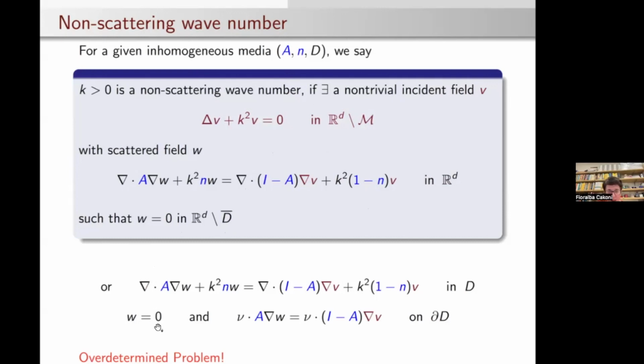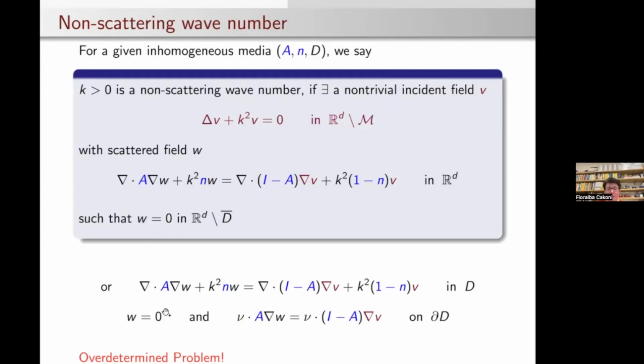So W equal to 0 on the boundary of D, and we have also prescribed the Neumann data, corresponding to this. So if A is identity, so if you have perturbation only in the lower order terms, then both Cauchy data will be 0, right? So you can see I minus A would be 0.